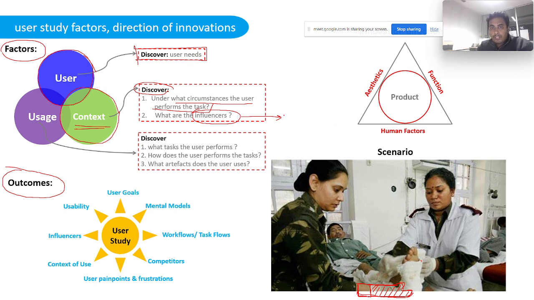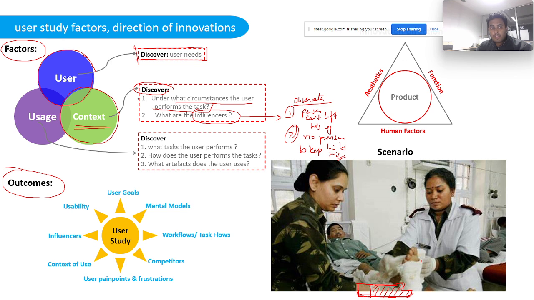So that may be one observation: the person cannot lift his leg. The other observation can be that the person cannot lift it, but there should be some provision for keeping his leg high. So that means no provision to keep his leg high. These sorts of observations are necessary in a user study.